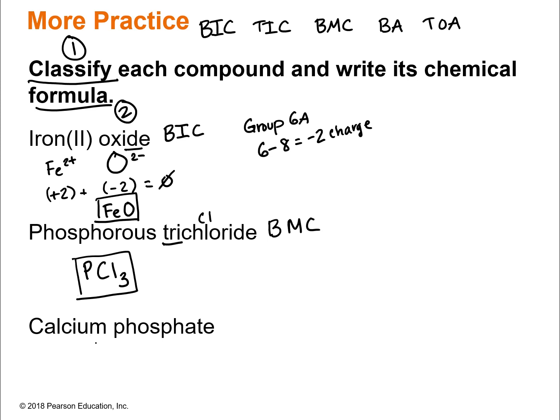Calcium is a metal. So we've got a metal. And we see something ending in ATE. That says that it's some kind of a polyatomic anion. So it's a ternary ionic compound.